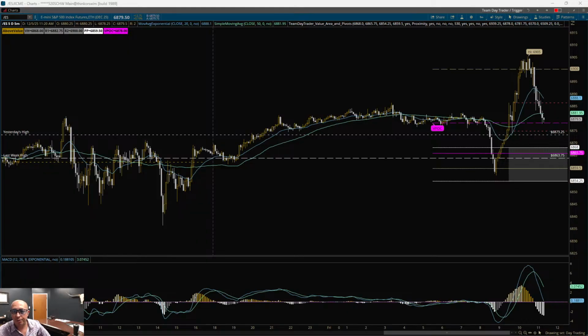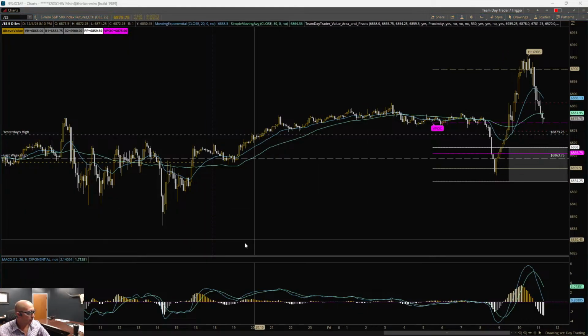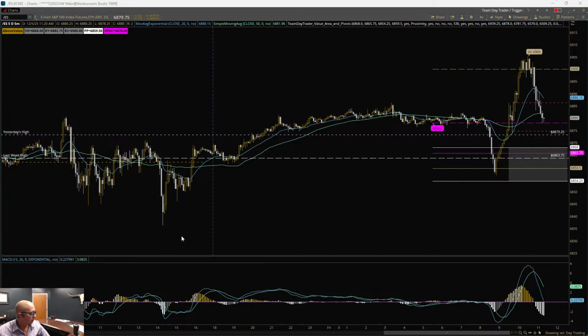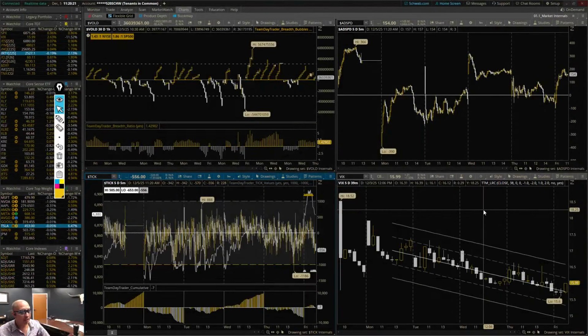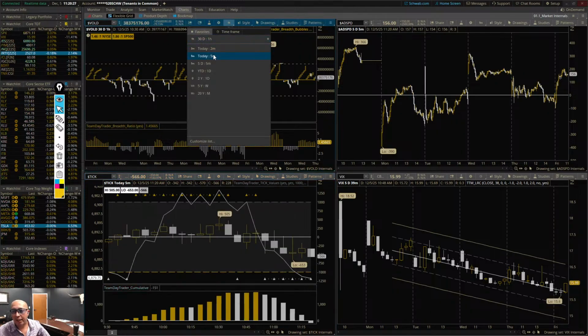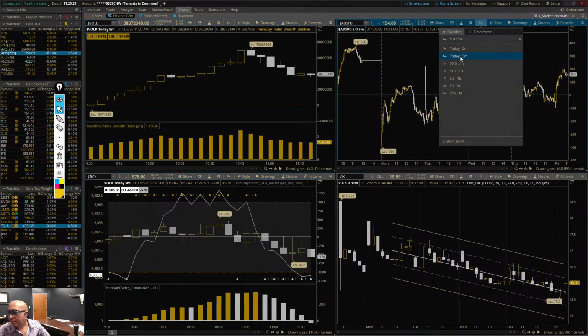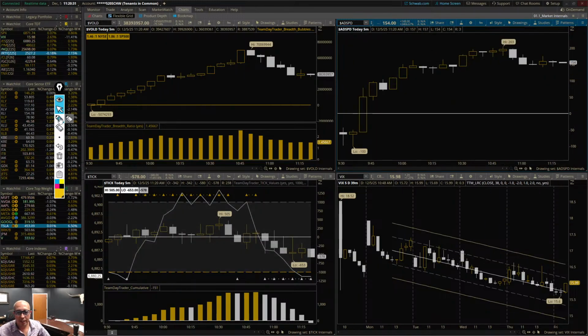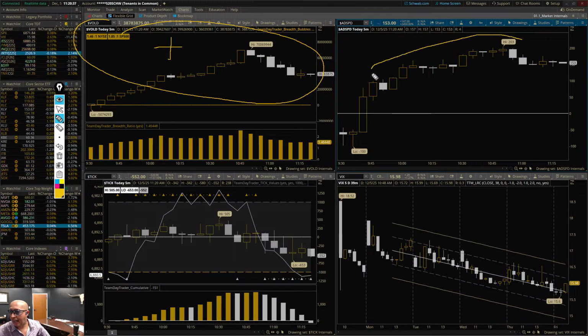Let me go back to the market internals, just because I want to make sure things are still holding up in a positive manner. I don't want to get too ahead of myself talking and then not be looking at everything. So again, this still says positive.